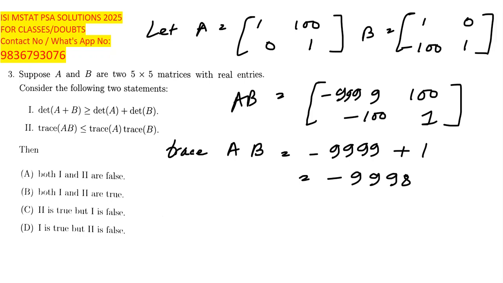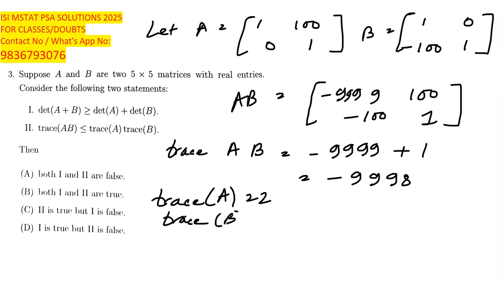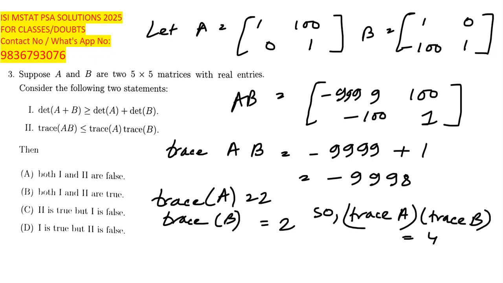So then we know that trace A is 2, and trace B is 2. So trace A times trace B will be 4.